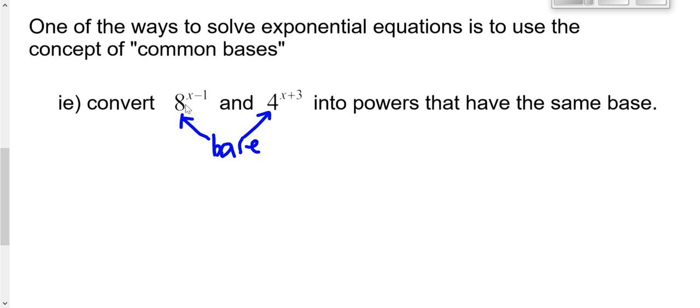Alright, so the question says convert this and that into powers that have the same base. So that means your answer would look something like this. A base, same base for both of them, and then with the exponent like this.